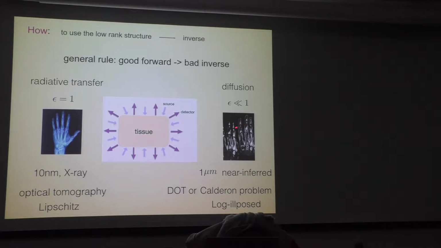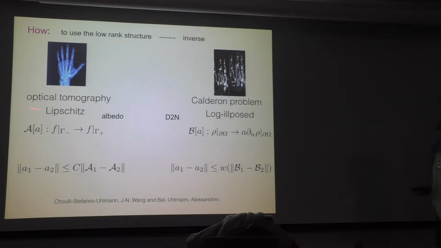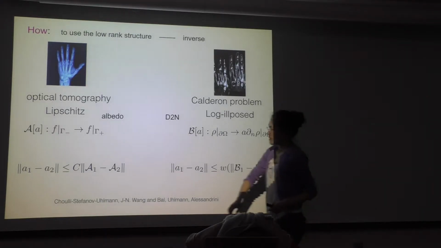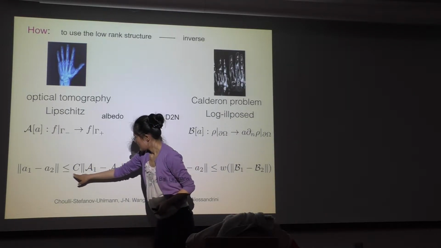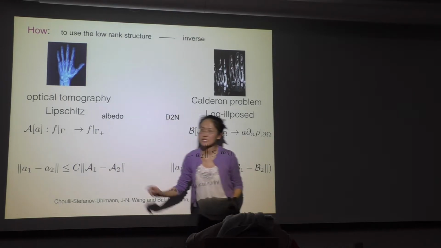And for the inverse heat equation, people proved its log-type ill-posedness. In optical tomography, I define this operator called the albedo operator. I shine light in and I collect the light out, so this maps the incoming to the outgoing data. If I perturb this map by a little bit, the reconstruction of my hand is only perturbed by a little bit as well. So the perturbation in my reconstruction is bounded by the perturbation in my measurement.